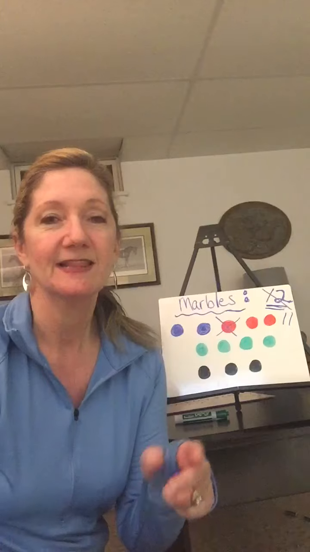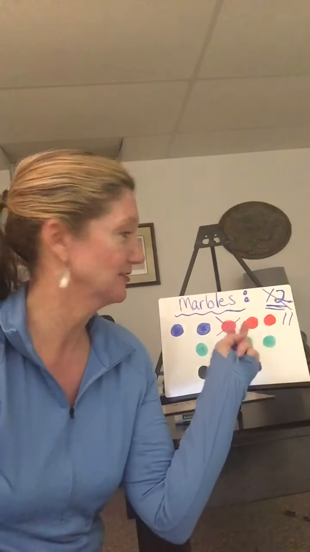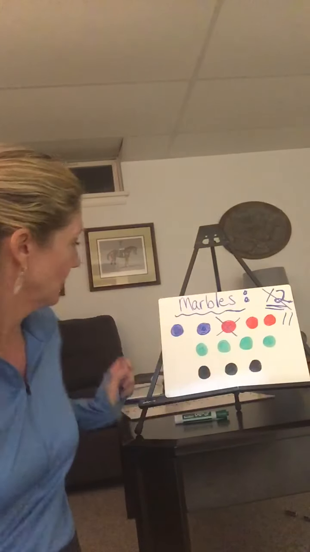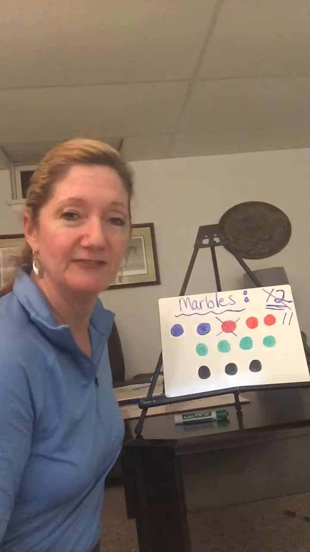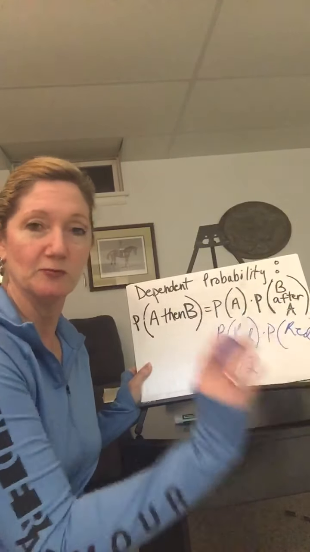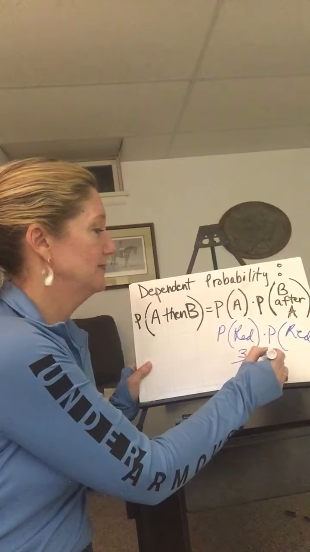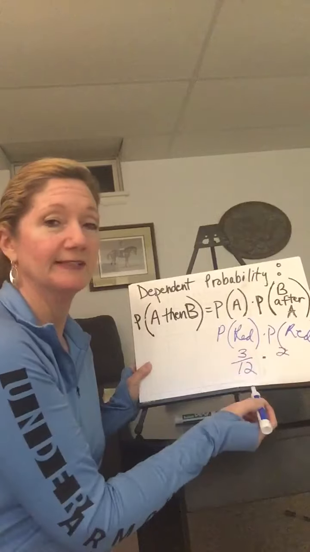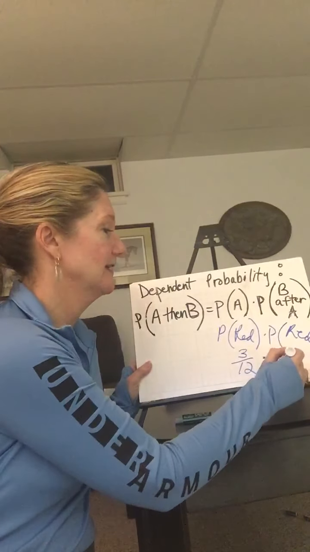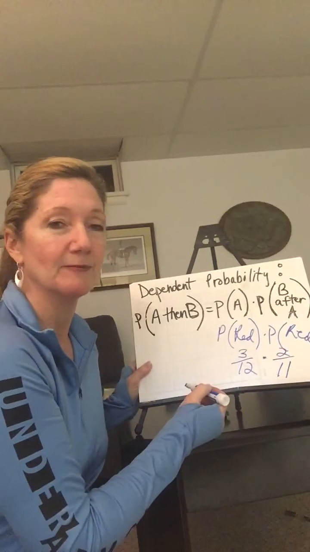Well, it's the favorable outcomes, right? So there's 2 out of 11 this time, not 12. And that's where some kids have difficulty thinking of that. So the second marble, since the first one's set aside, the probability of being red is 2, because that's how many red ones are left out of 11 possible marbles.